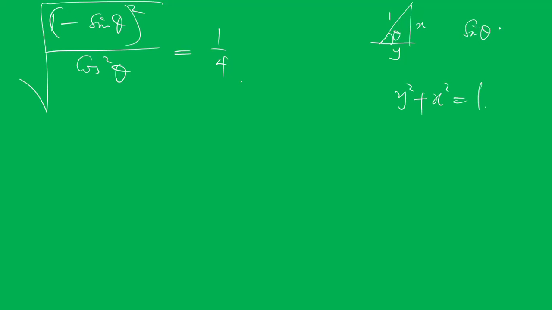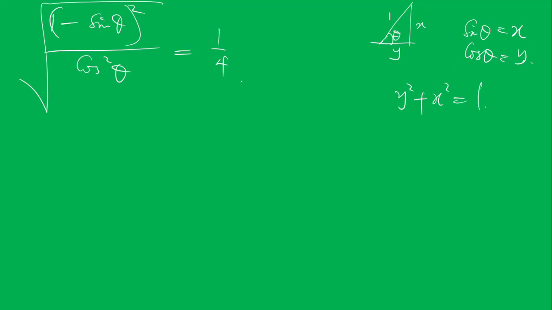Sine theta is equal to opposite over hypotenuse, so what is opposite to the angle is x. So sine theta is equal to x. And cos theta is equal to y, because it's adjacent over hypotenuse. The hypotenuse is 1, and anything divided by 1 is still that thing. So y divided by 1 is y, x divided by 1 is x.